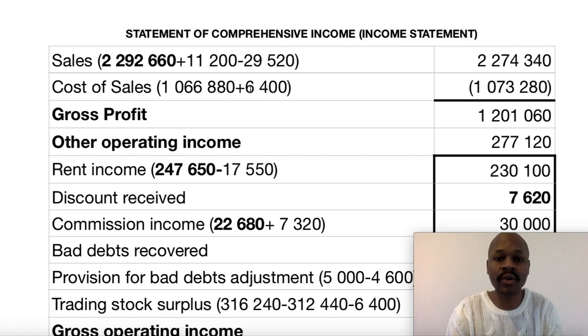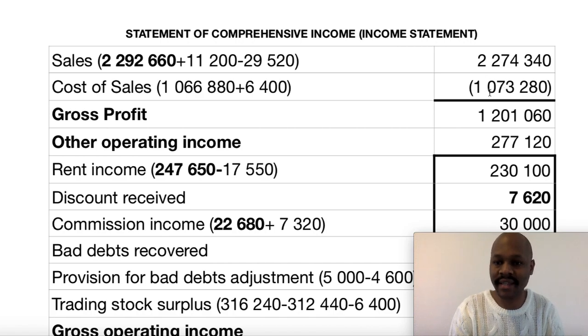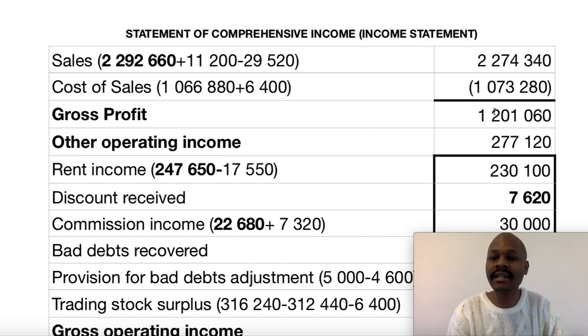When you add the two together, they give you 1,073,280 in brackets. When you subtract 1,073,280 from 2,274,340, they give you 1,201,060. This is our gross profit.